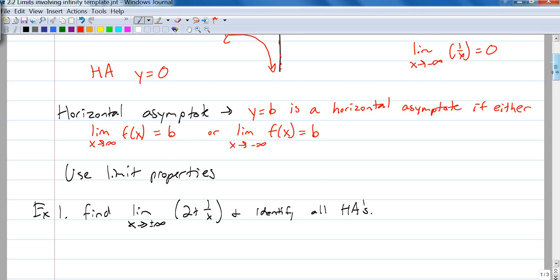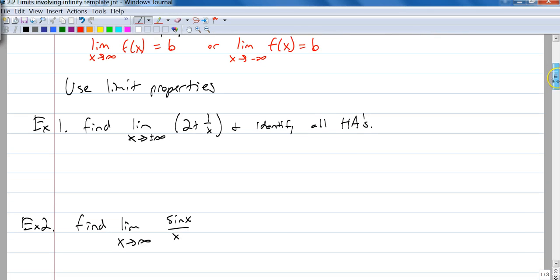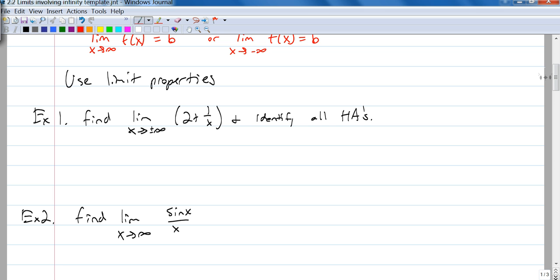Okay, so now we're going to use our limit properties to find the limit of this and identify all horizontal asymptotes. So we want both of them. I'm going to start with x going to positive infinity of 2 plus 1 over x.